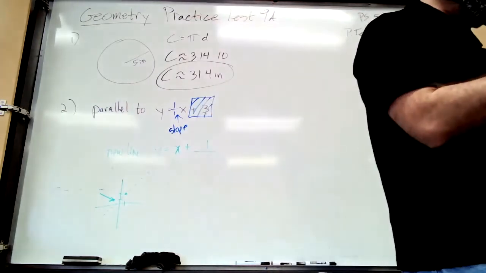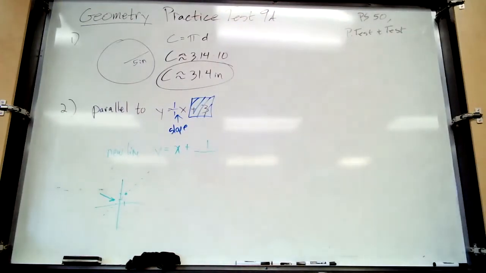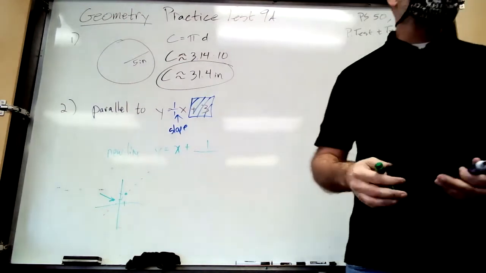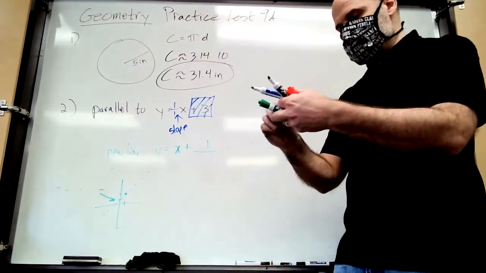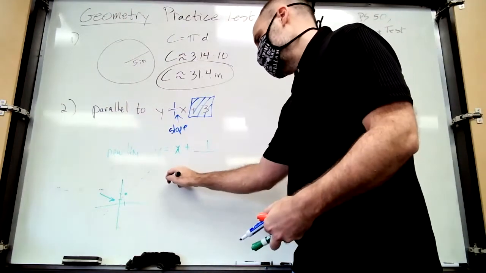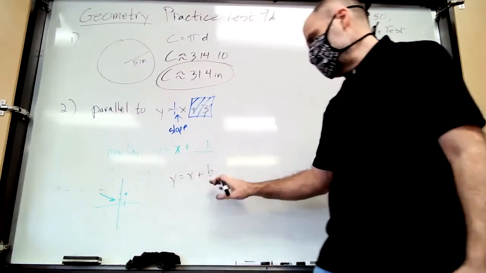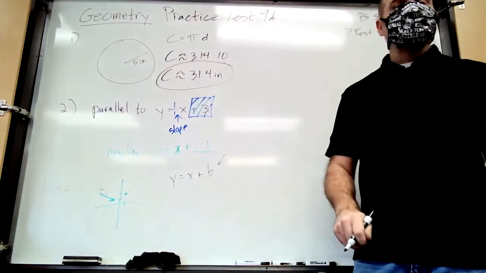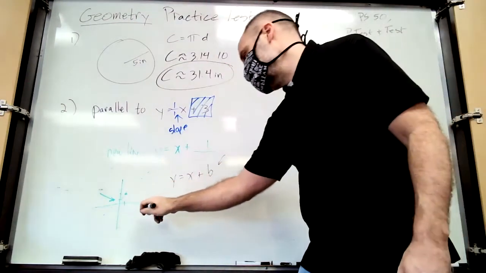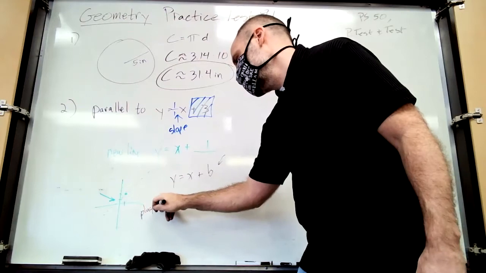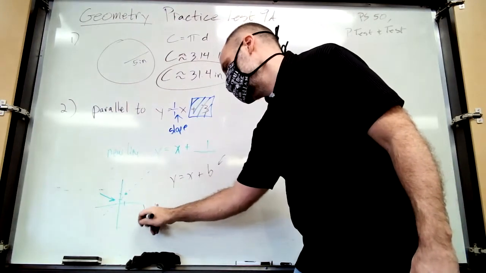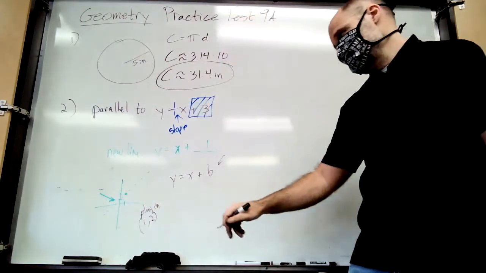The other way to do it is after you have your slope, plug in the values and solve for b. We have this so far. Plug in 1, 2: 1 for x, 2 for y.